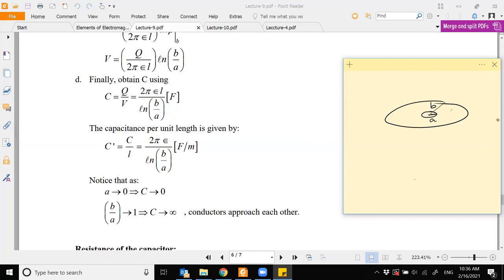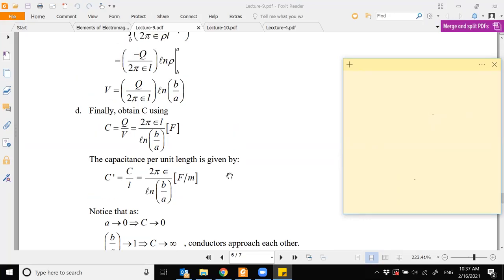That means if the distance between them, because you can think of the B over A ratio as the distance between them, reduces, as the conductors approach each other, the capacitance will increase. Okay. So using this, we can design a coaxial cable. Okay. Clear?